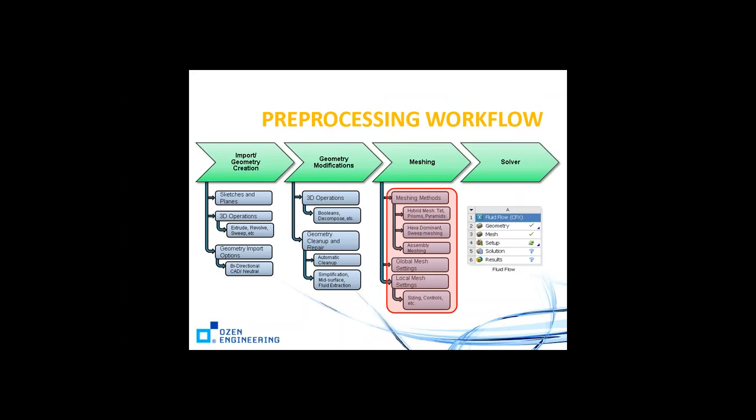So the pre-processing workflow in ANSYS, as you know, just like any other FEA package, you just start with the geometry. You either import it or create it. Then you do some geometry modifications, some cleaning up maybe, some simplification. And then you send it for meshing. So we are already idealizing the geometry here in the geometry phase.